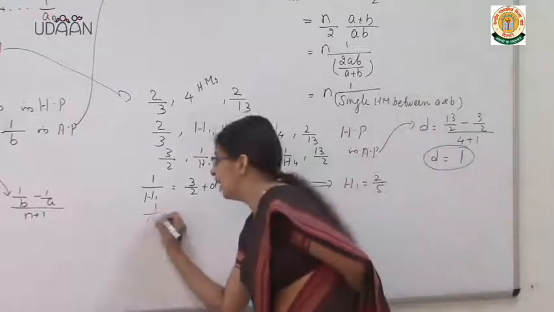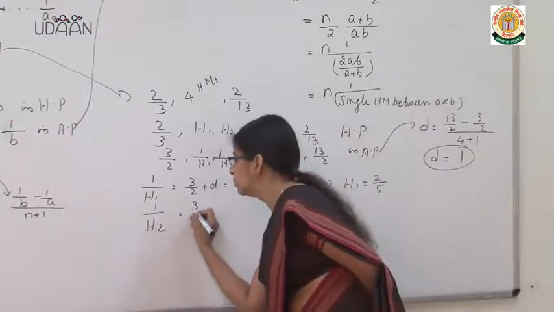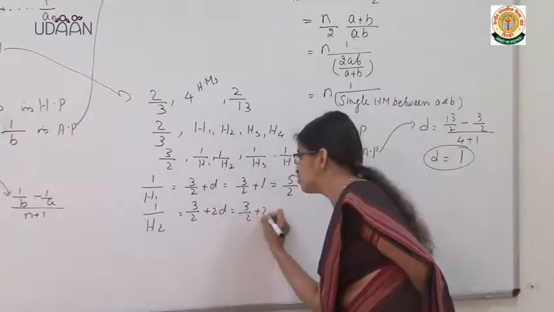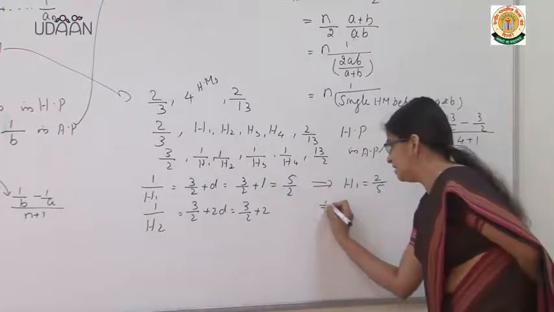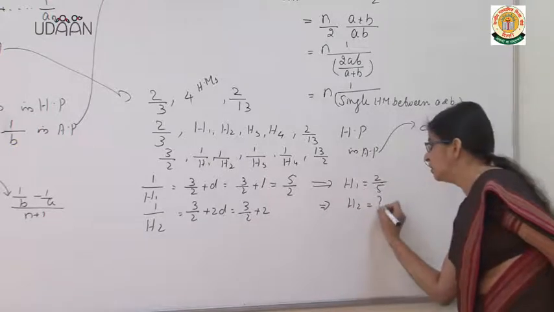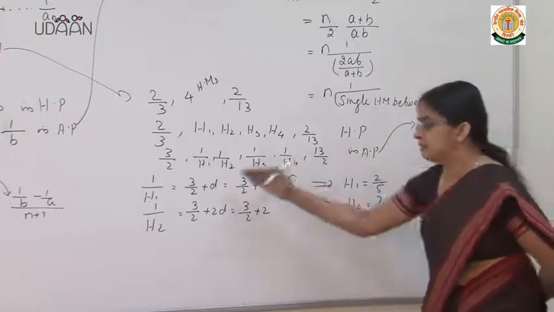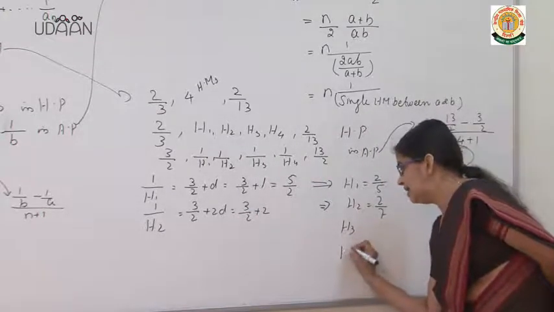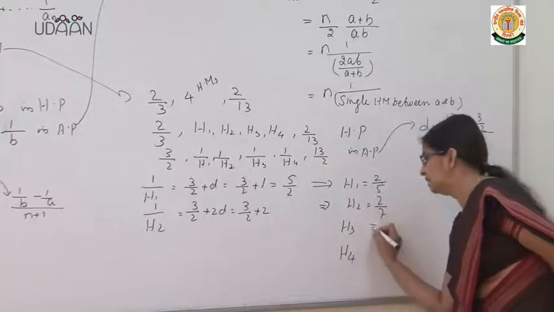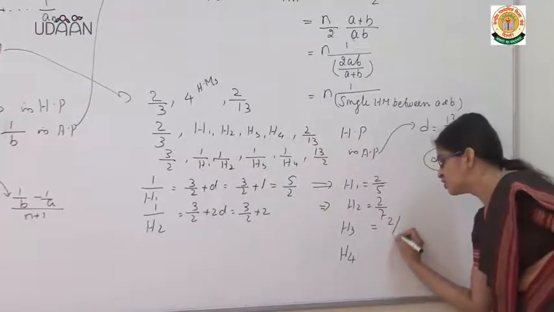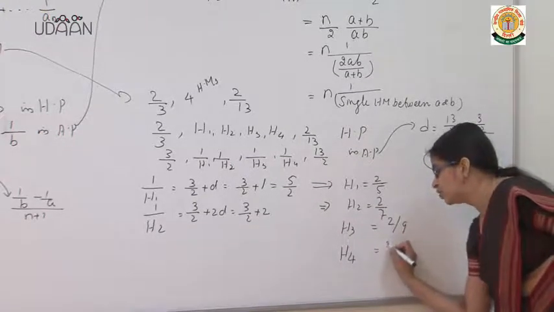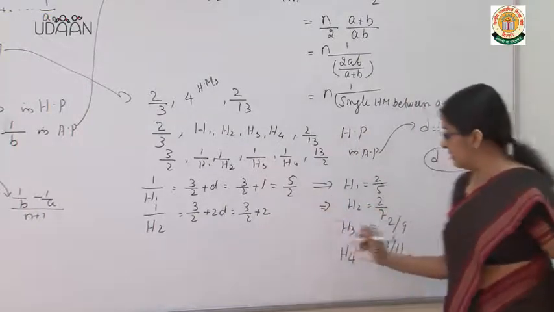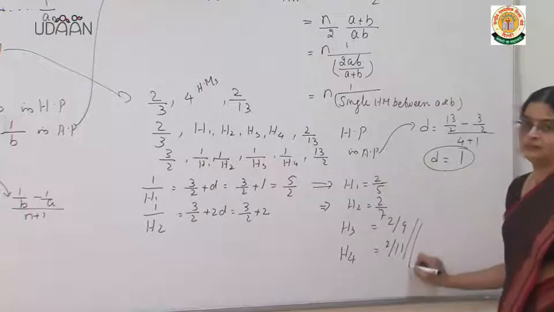Similarly, 1 by H2 is 3 by 2 plus 2D, which is 3 by 2 plus 2. Simplify to get H2 as 2 by 7. Similarly, you find out the values of H3 and H4. Check your answer. H3 you should get as 2 by 9 and H4 should be 2 by 11. Do the calculation and check whether you are getting these answers or not.